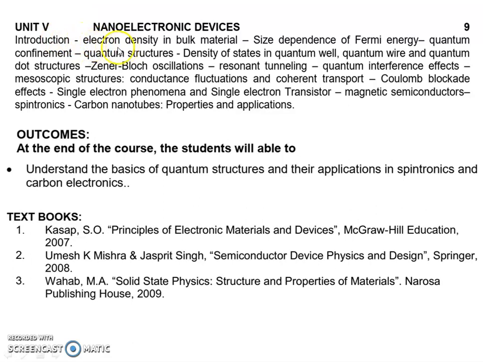Later we are going to cover electron density in bulk material, size dependence of Fermi energy, quantum confinement, quantum structure, density of states in quantum well, quantum wire and quantum dot structures, Zener-Bloch oscillation, resonant tunneling, quantum interference effects, mesoscopic structures, conductance fluctuations, and coherent transport, Coulomb blockade effects, single electron phenomena and single electron transistor, magnetic semiconductors, spintronics, carbon nanotubes, properties and applications. And these are the outcomes.